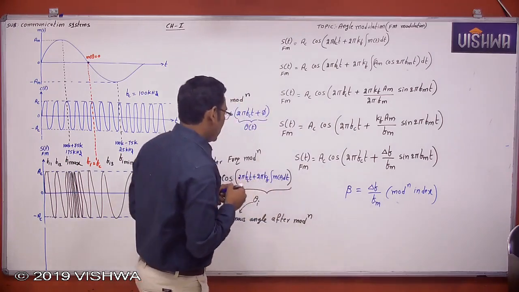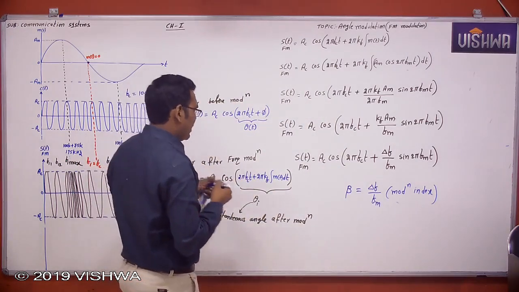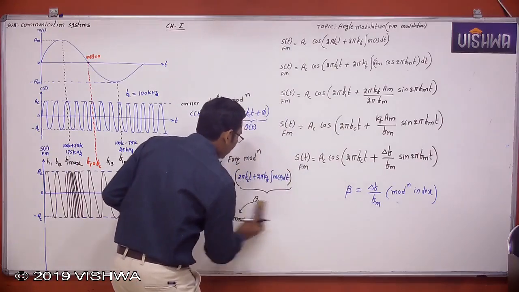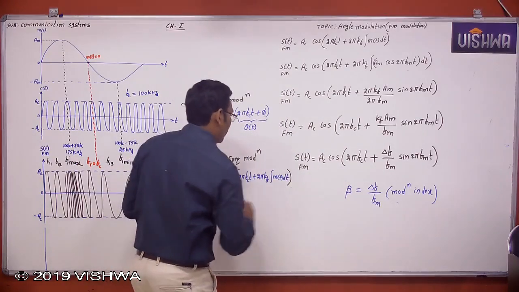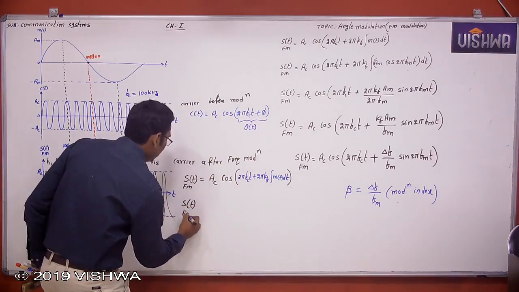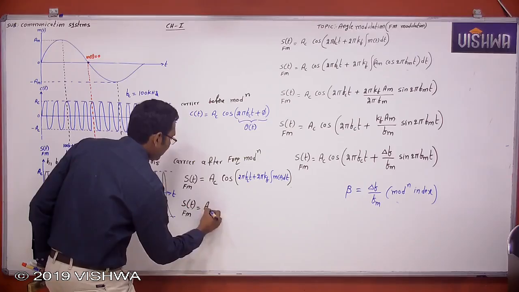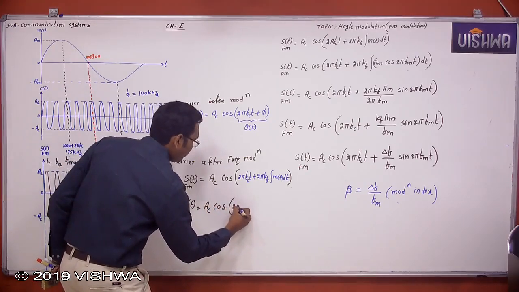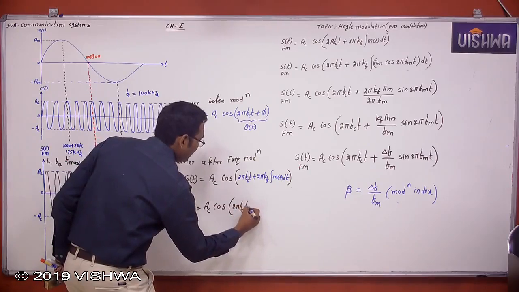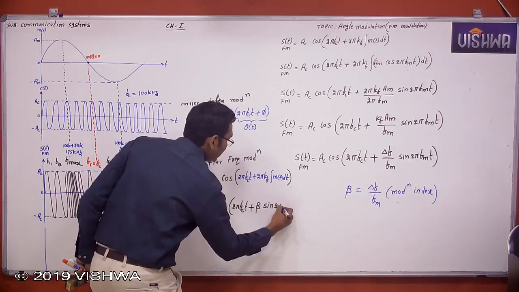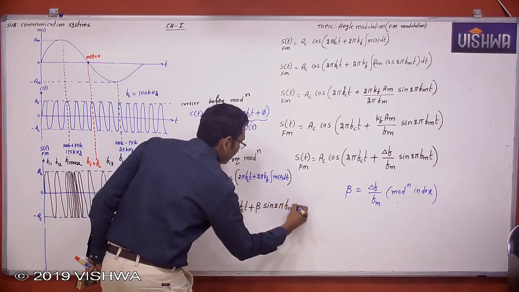Therefore, what is the standard mathematical time domain equation of FM? Finally, the standard mathematical time domain equation of the FM signal is Ac cos(2 pi fc t plus beta sin(2 pi fm t)).